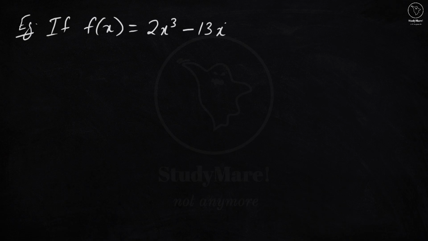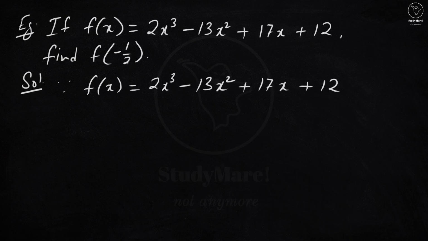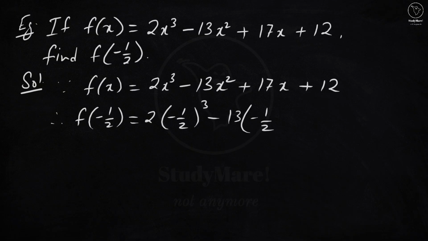Now let's get back to our next example, which says, if f(x) is equal to 2x cube minus 13x square plus 17x plus 12, find f of minus 1 by 2. So let us solve it. Since f(x) is equal to 2x cube minus 13x square plus 17x plus 12, therefore substituting the value of x as minus half in this polynomial, we get f of minus 1 by 2 is equal to 2 into minus 1 by 2 to the power 3 minus 13 into minus 1 by 2 to the power 2 plus 17 into minus 1 by 2 plus 12.